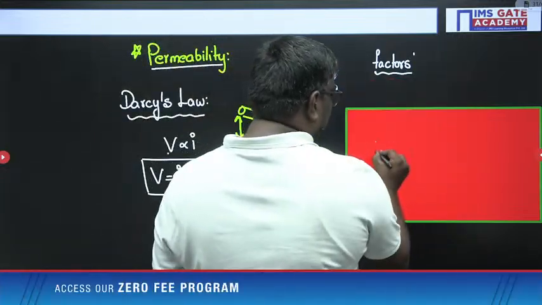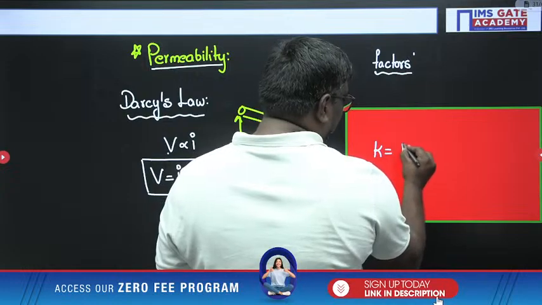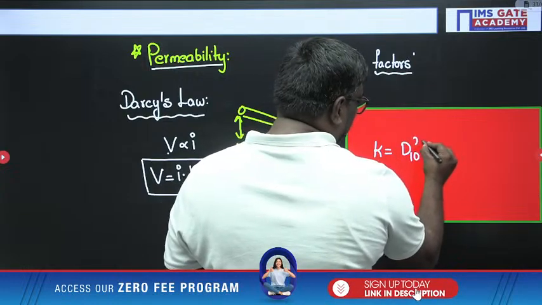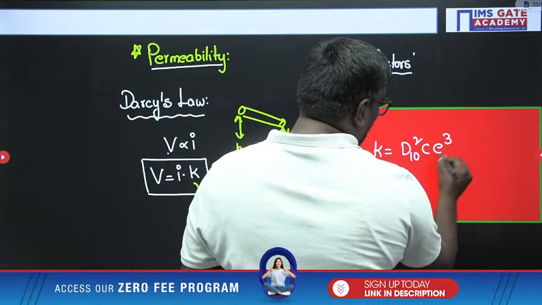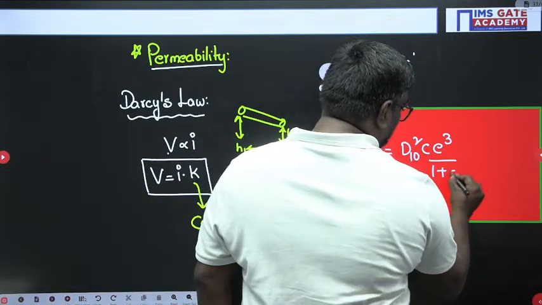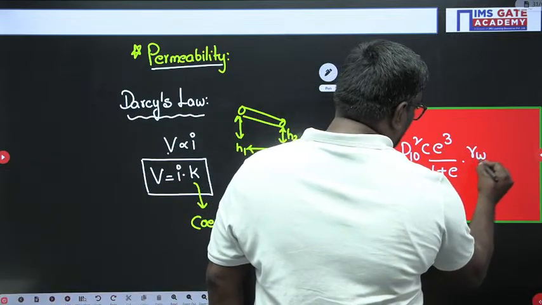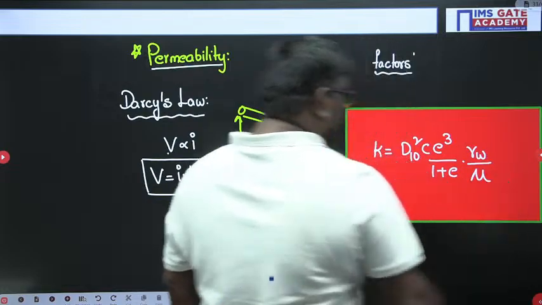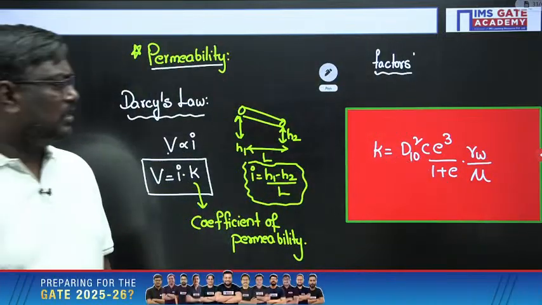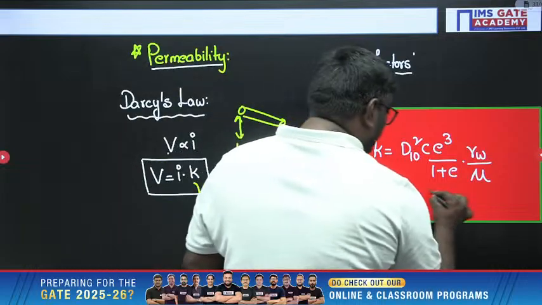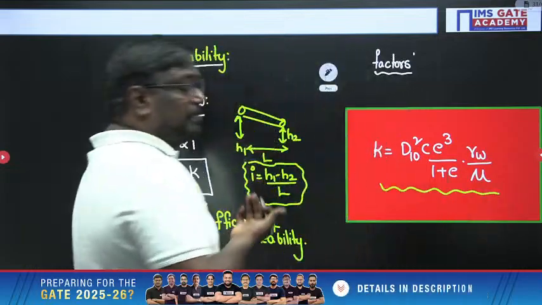So here, what is K? K is equal to D10 squared, C, into e cubed by (1 plus e), into gamma w upon mu. So this is the formula for permeability.